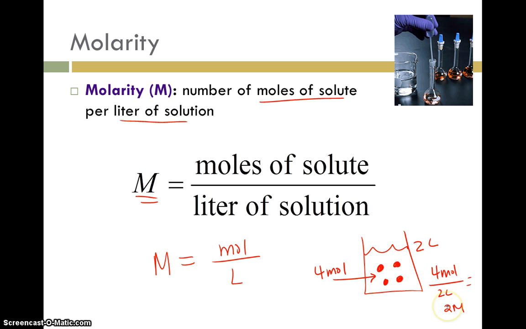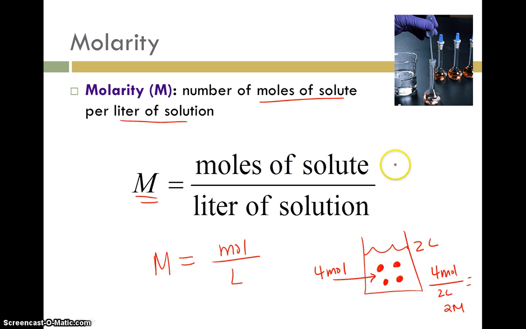So that means on average I have 2 moles for every liter of my solution. So that's how concentrated I am. Obviously the bigger your molarity, the more concentrated you are, the more stuff you have in that solution. The smaller your molarity, the less concentrated you are, the less stuff you have in that solution.